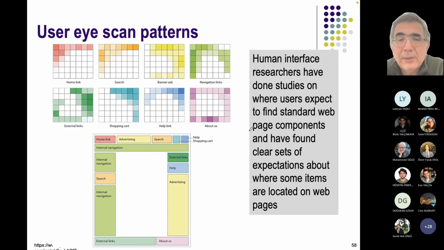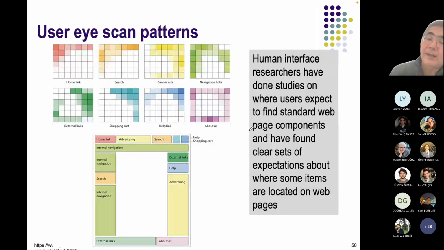Navigation links are usually on the top left or sometimes to the right. External links are on the right. Shopping cart is on the top right. About link is usually on the corners or middle at the bottom. These are general locations, and this information is extracted by the user experiments by eye tracker.